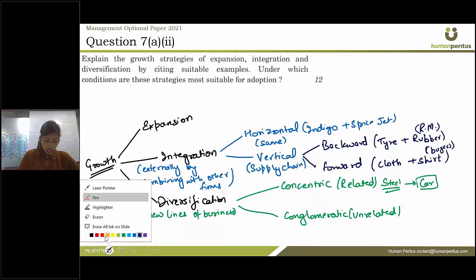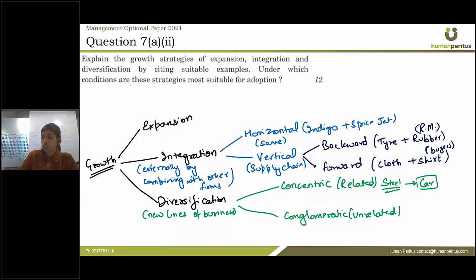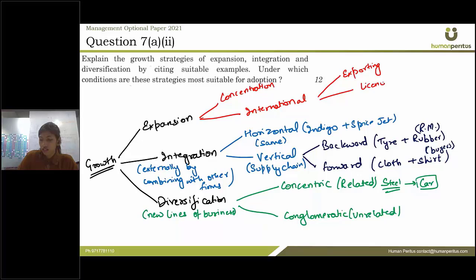Next, the last strategy is expansion. Expansion can be done either by concentration, or it can be international. Concentration, or you can also say domestic. In international, the firm can go international by exporting, licensing, joint venture, or by direct investment, that is FDIs or FPIs.